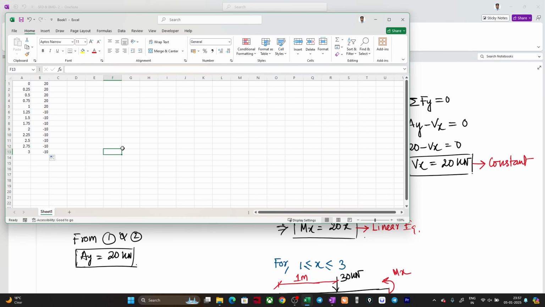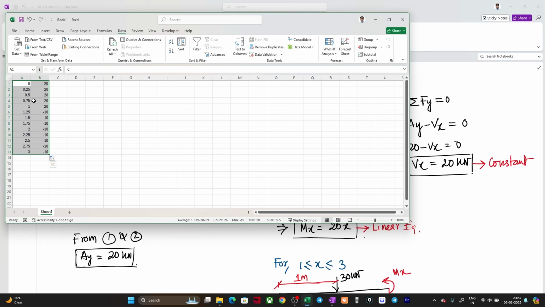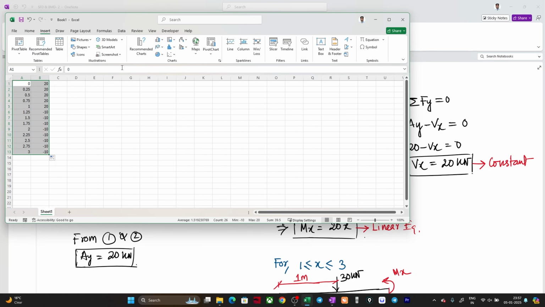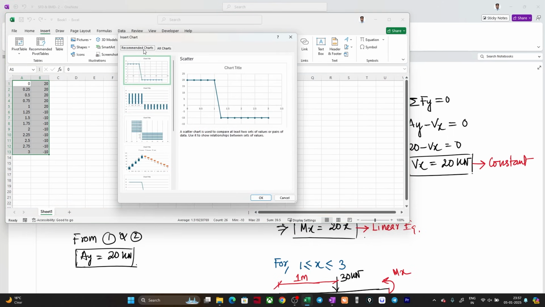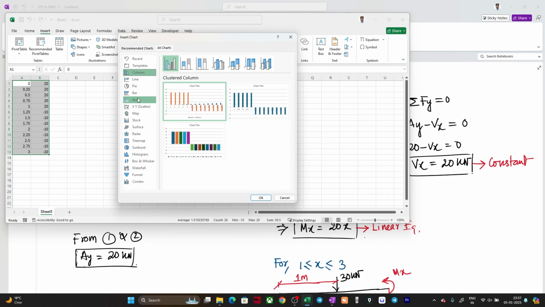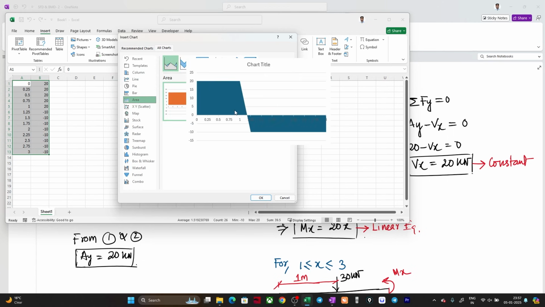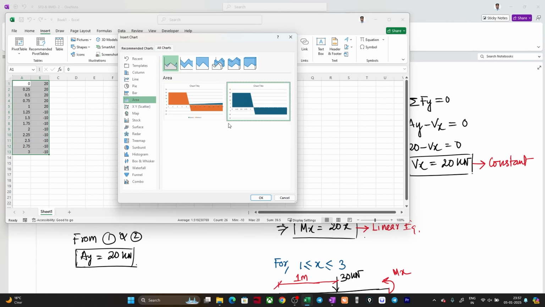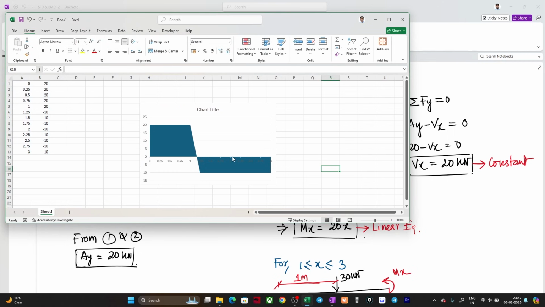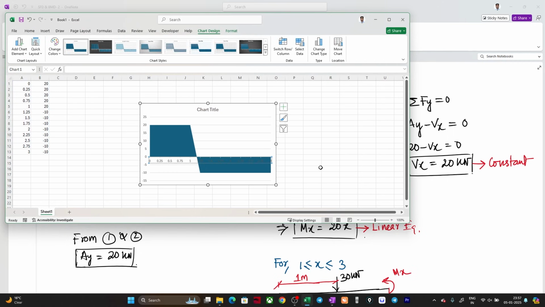If I go to insert, recommended charts, area, fine. You can see here the shear force diagram is coming something like this.